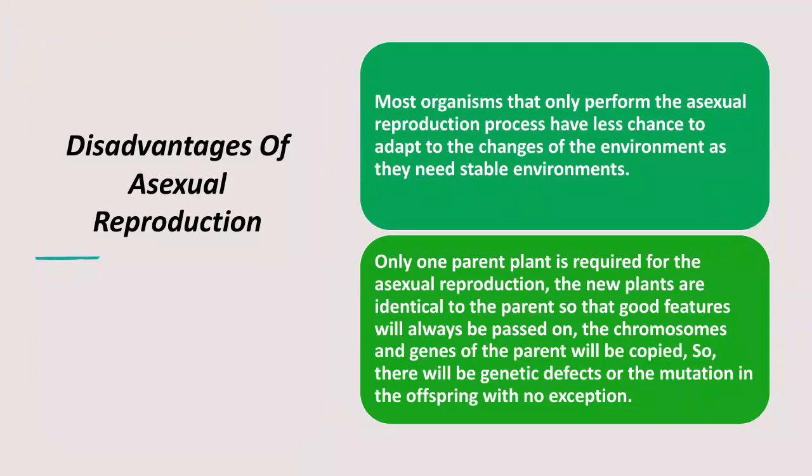The new plants are identical to the parent one, so good features will always be passed on, and the chromosomes and genes of the parent will be copied. So there will be genetic defects or mutations in the offspring with no exception.